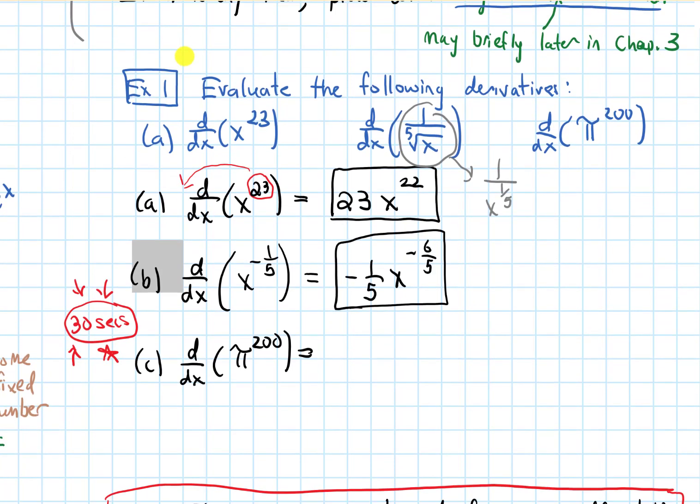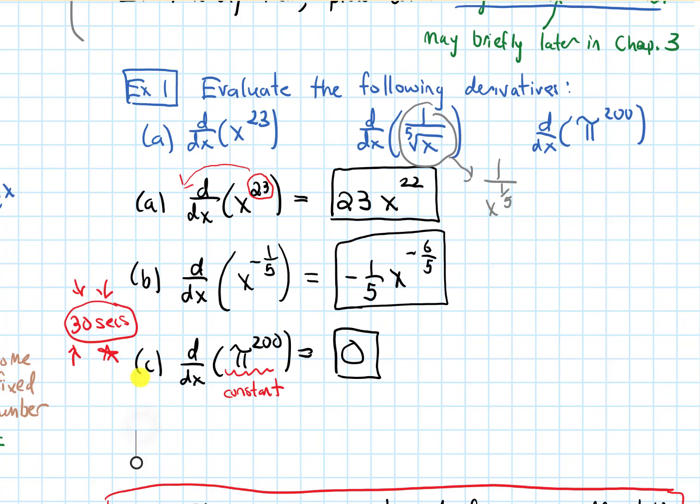But in this case, it's not x to a power, it's pi to a power. And pi is just some number, 3.14 something. And pi to the 200 is still just some fixed number, which means this is a constant. So remember, when we take the derivative of a constant from the previous video, that is 0. So we can't forget our previous rules for derivatives.